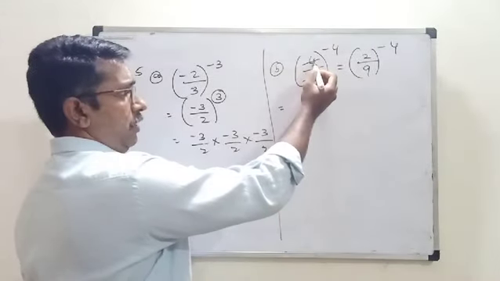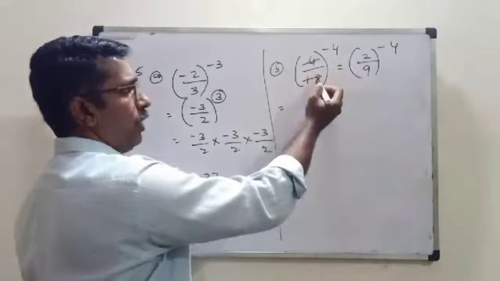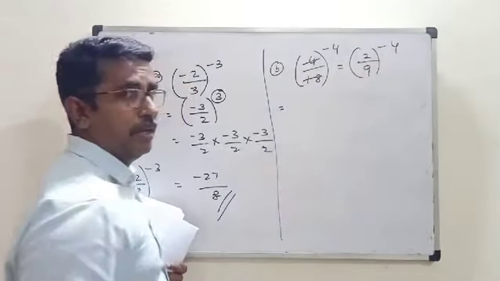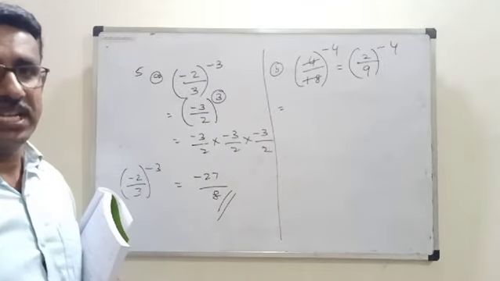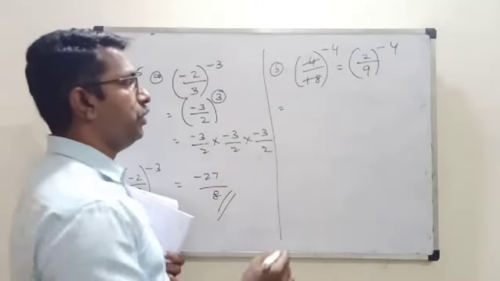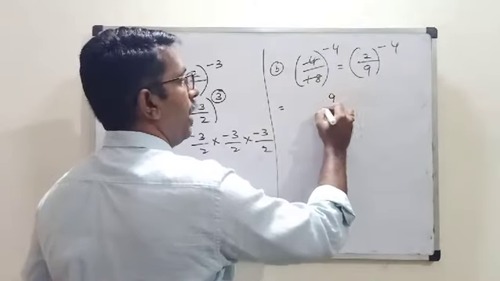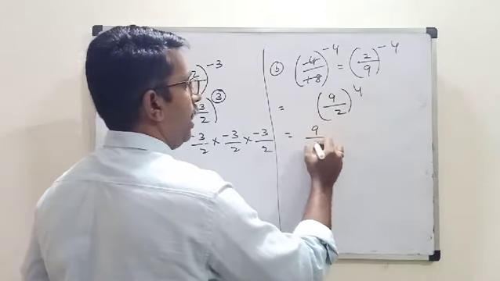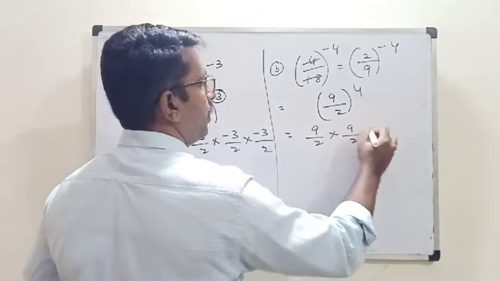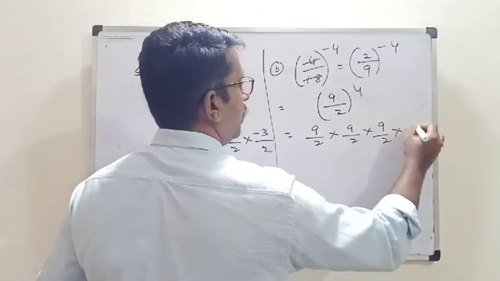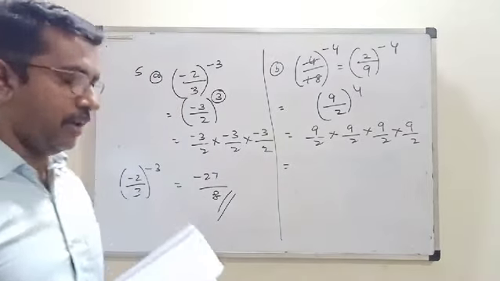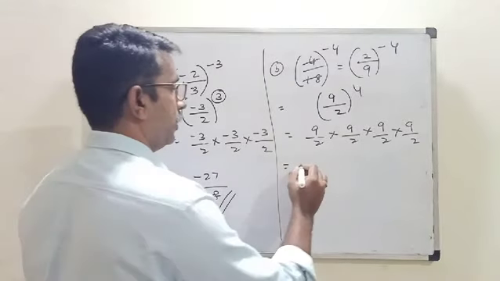I divided 4 by 2 and 18 by 2. So we got 2 by 9 to the power minus 4. It is a negative exponent. We can convert into positive exponent. 9 by 2 to the power 4. That means 9 by 2 into 9 by 2 into 9 by 2 into 9 by 2. 9 into 9, 81. 81 into 81, no?